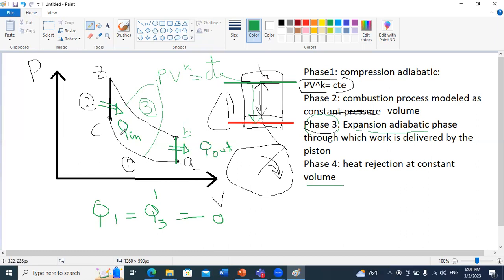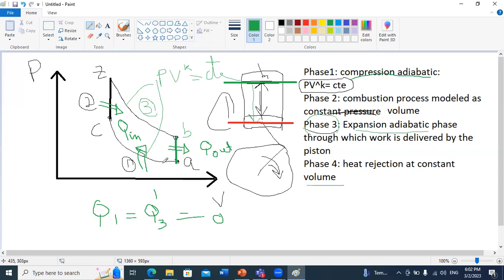During the compression, you are putting work on your system or you are taking work from your system? During the compression phase, you are putting work on your system. Why? Because you need an external intervention to raise the pressure.